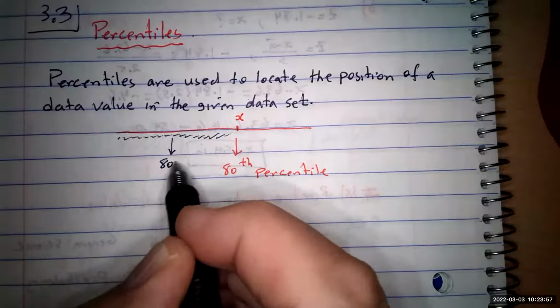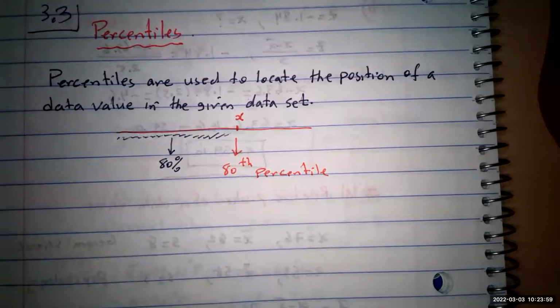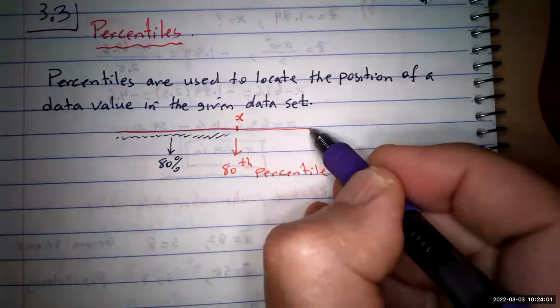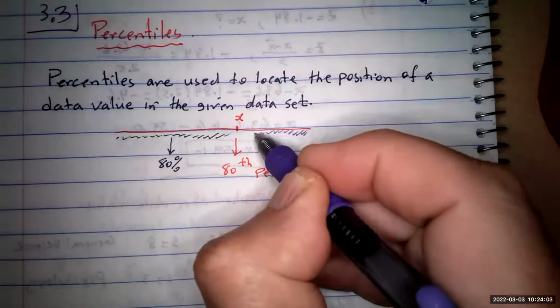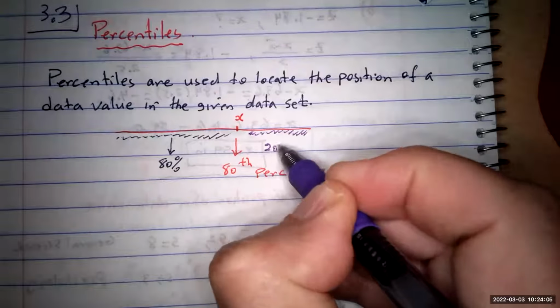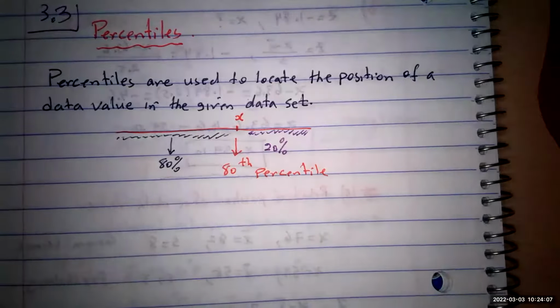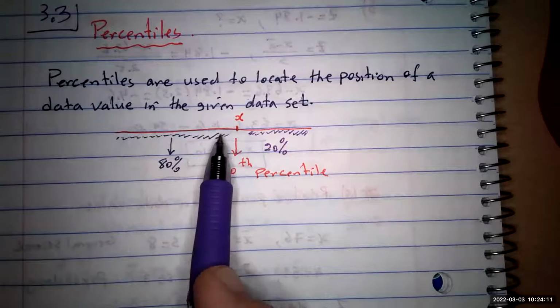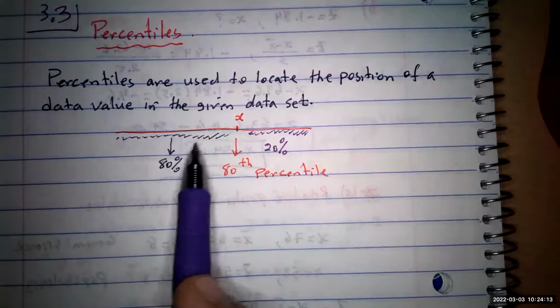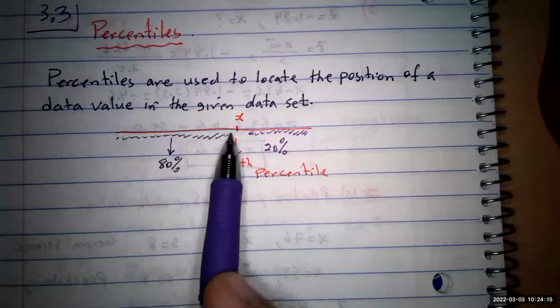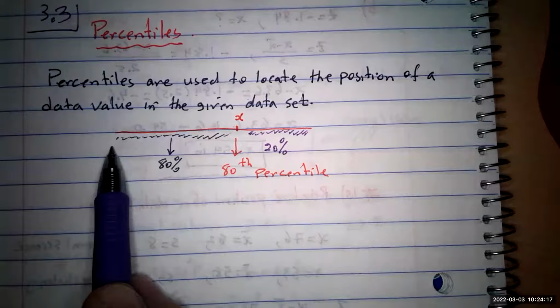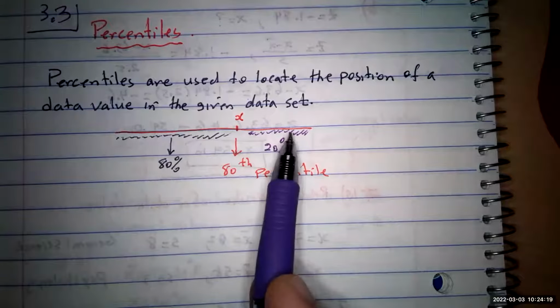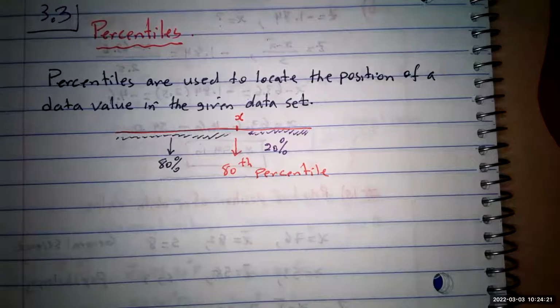And the complement is going to be 20%. So this means your grade is greater than the grade of 80% of the population of the class, and it's less than 20% of the population of the class.